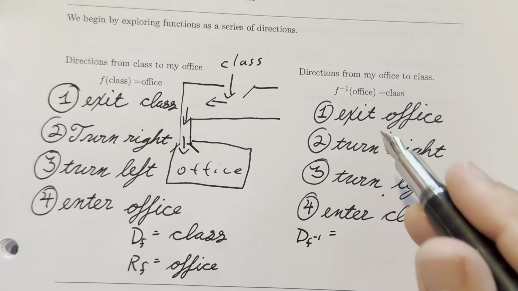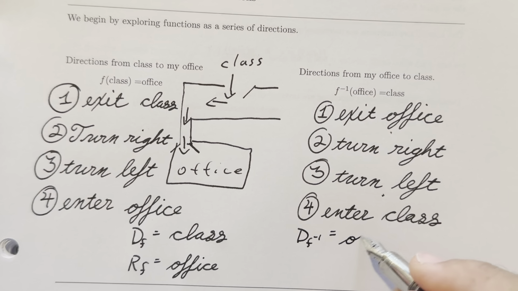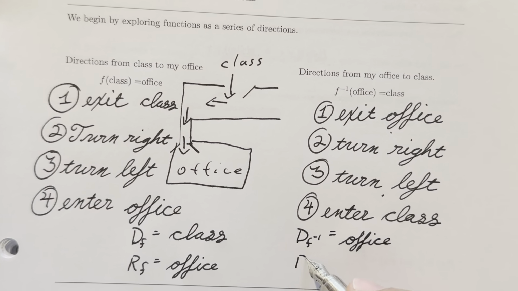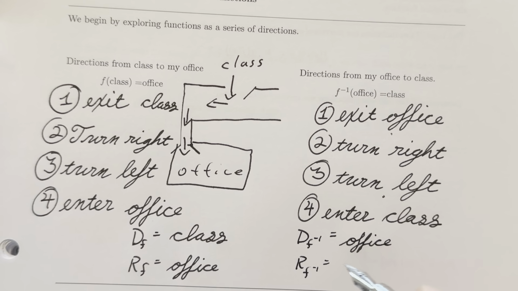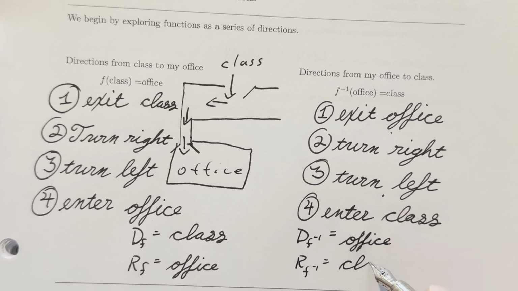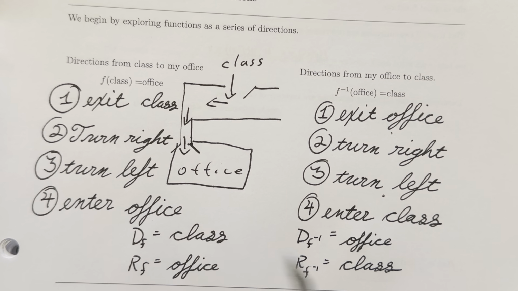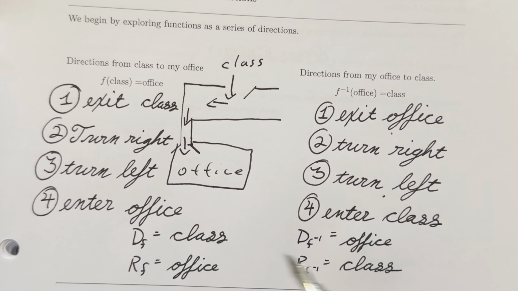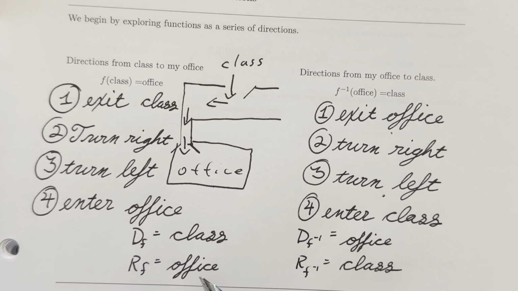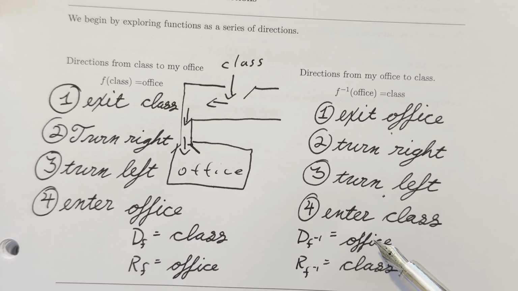The domain of the inverse is the office. And the range of the inverse is the classroom. And so note that the domain of the function is the range of the inverse. The range of the original function is the domain of the inverse. So they switch places, the domain and range do, when going from the original function to the inverse function.